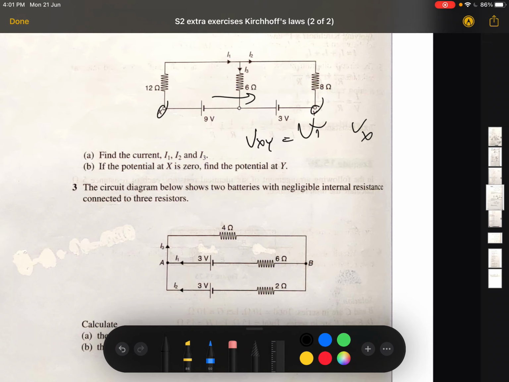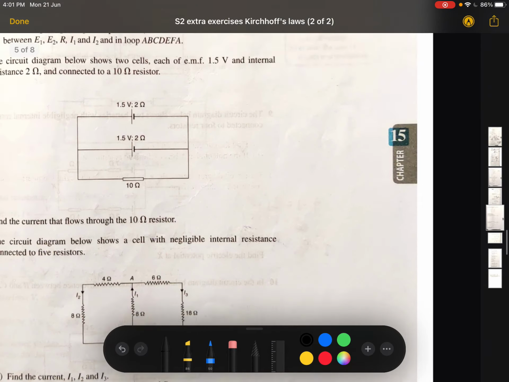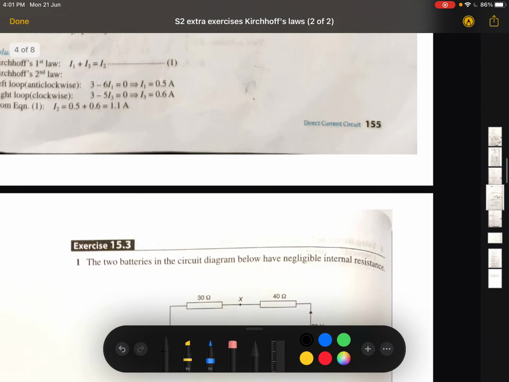Vxy is this direction. So when you go this direction, remember that, again, refilling and dropping energy. Since it's going from positive to negative, it experiences a drop in energy, a drop in voltage. So minus. So your answer at the end is minus 12.